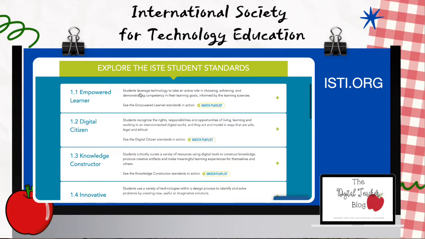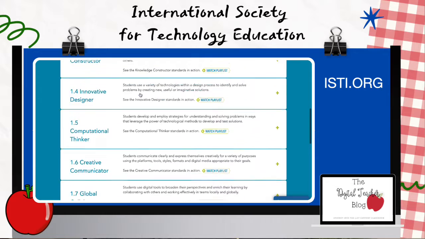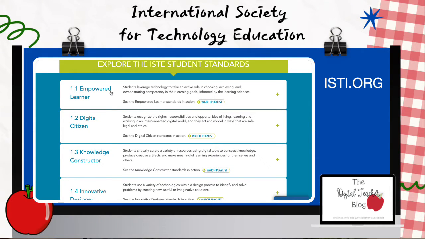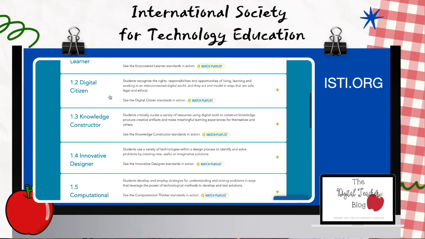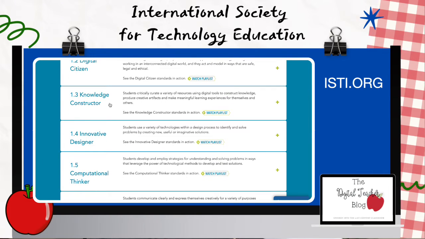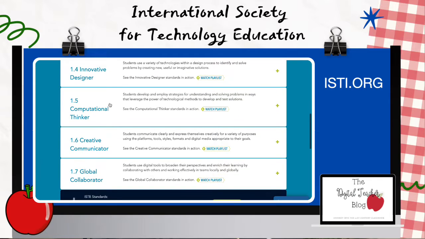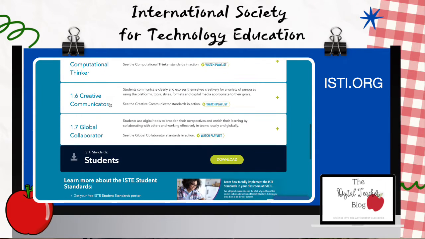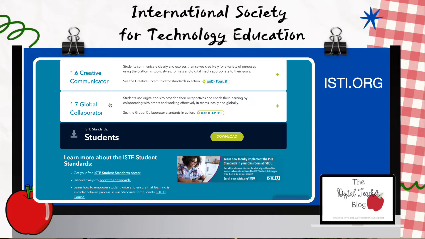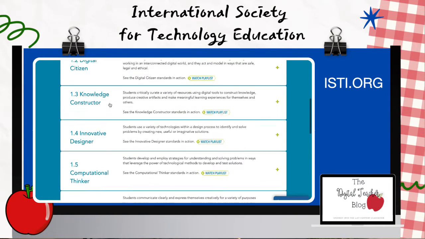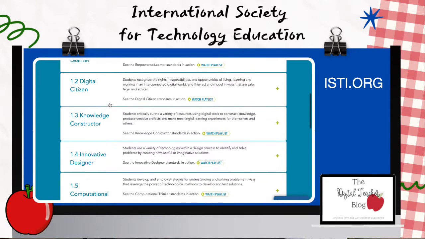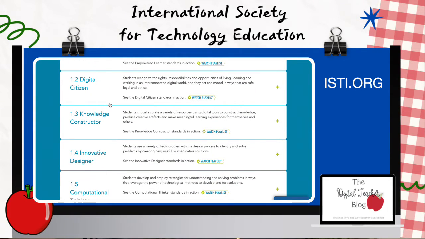Here you'll see that there are 7 different standards: empowered learner, digital citizen, knowledge constructor, innovative designer, computational thinker, creative communicator, and global collaborator. You probably didn't realize there were so many different standards, but there are. Today, because we're focusing on digital citizenship, we're going to focus on just this digital citizen pillar, as we call them, pillars. All right, so that's what we're going to dive into today.